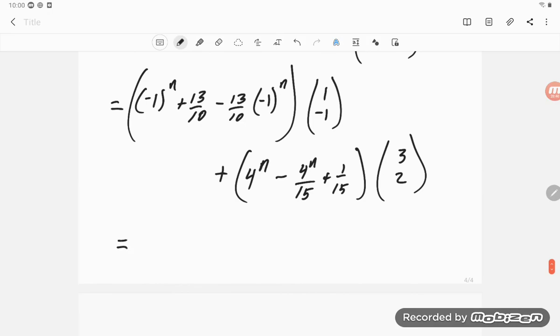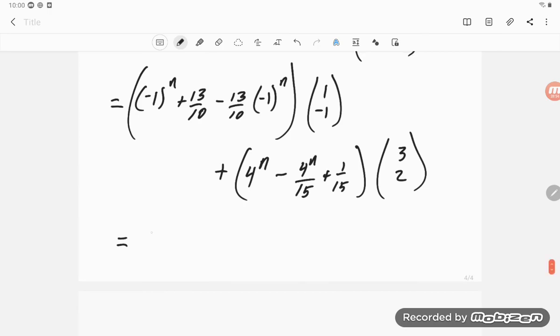And so one little bit more here. So I have 1 and minus 13, so I have 13 minus 3 times -1 to the n, all over 10 times the vector 1, -1.